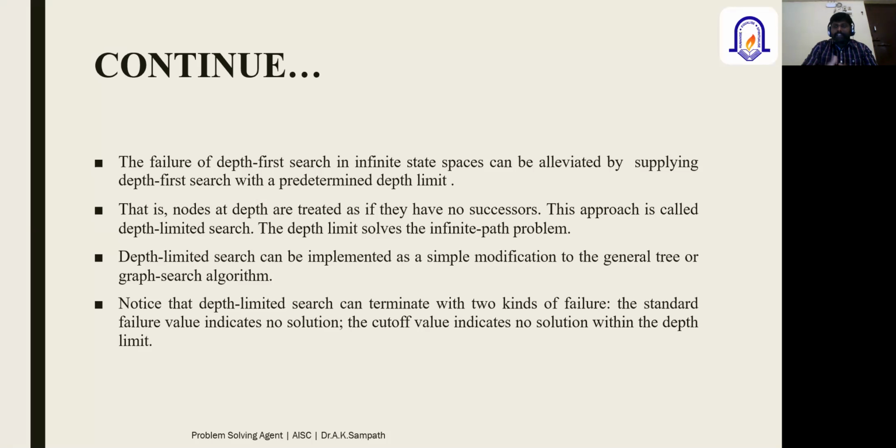To avoid the infinite loop or infinite searching in depth first search, we implement a limit on the depth. Now, what kind of failure happens in depth limited search? The first is the standard failure value, which indicates there is no solution. Suppose the search is restricted to level two.